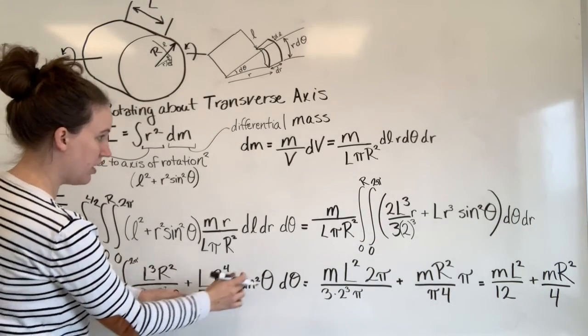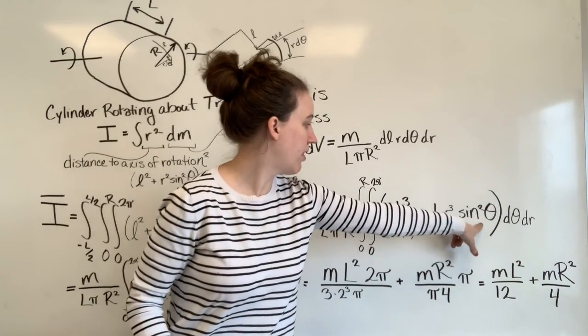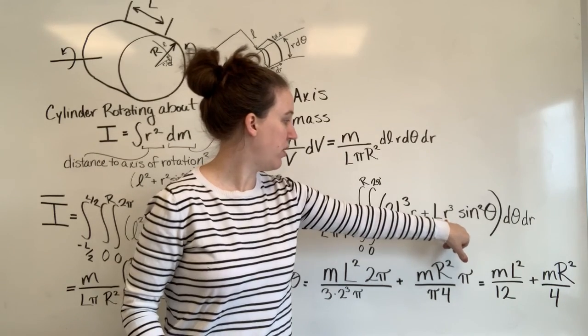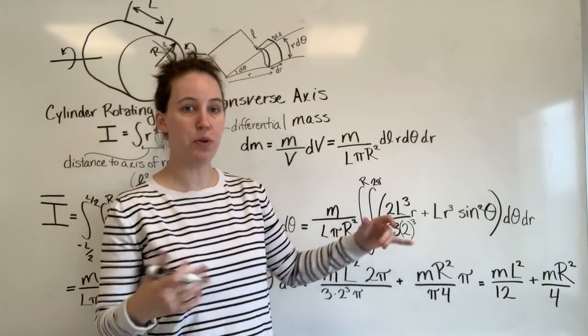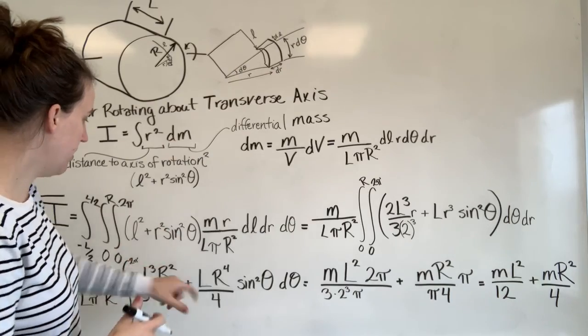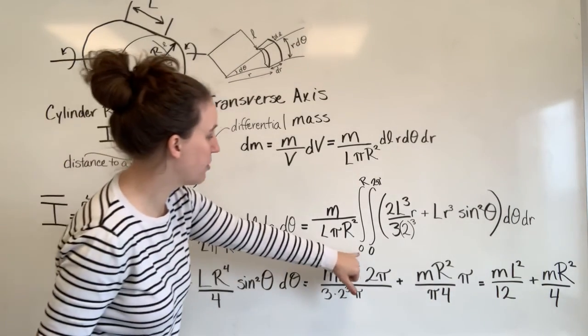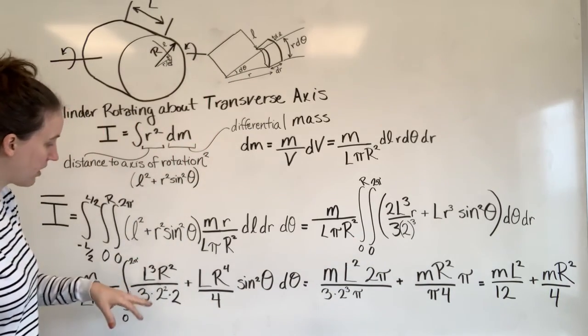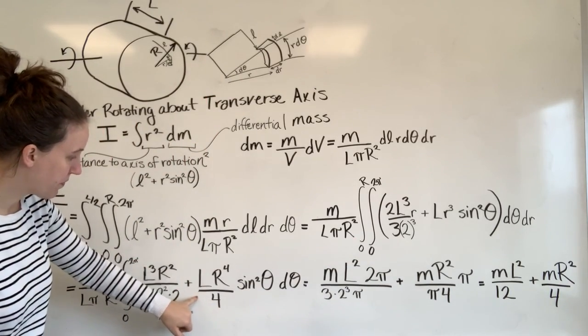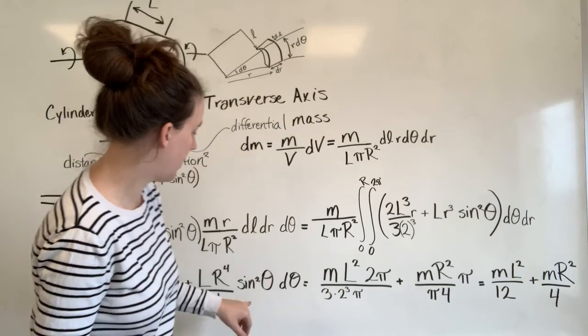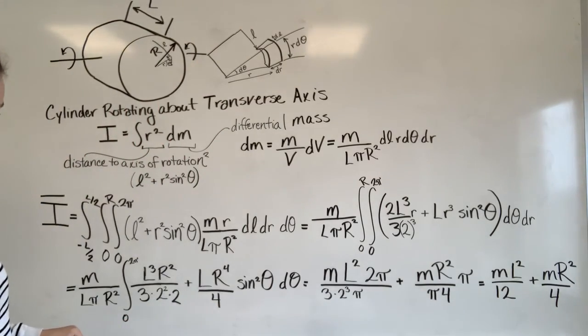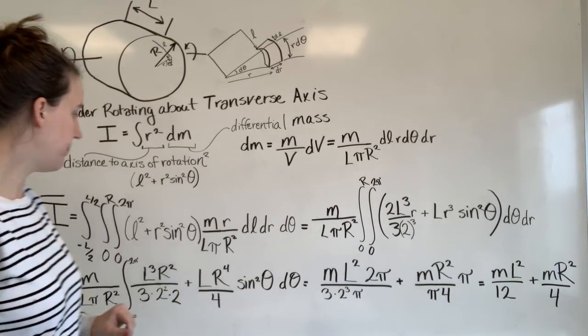For this term, we now have r to the third power, so we make that r to the fourth power and divide by 4. It's pretty easy when we're subtracting a 0, so we don't have to remember anything complicated for that. We just keep through that sine squared, and all we have left is our d theta term.